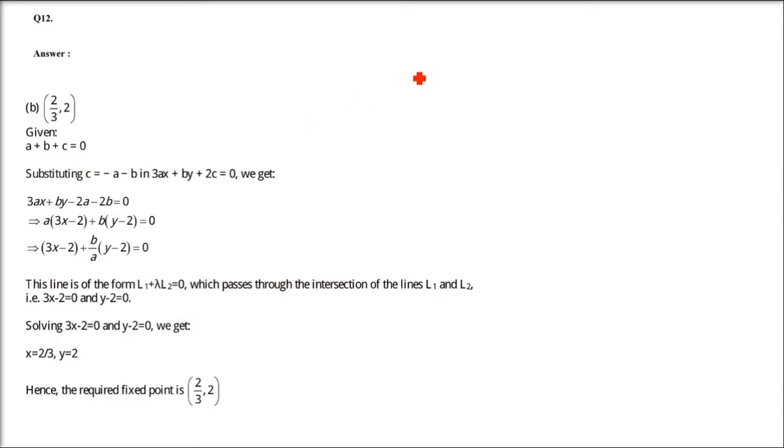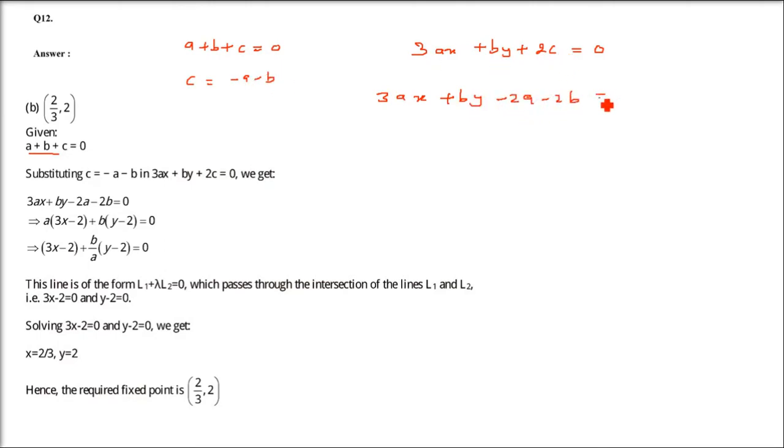What we do here is put c as minus a minus b, so c equals minus a minus b. Now put it in 3ax plus by plus 2c equals 0: in place of c replace it by minus a minus b, so 2c means minus 2a minus 2b, equals 0.